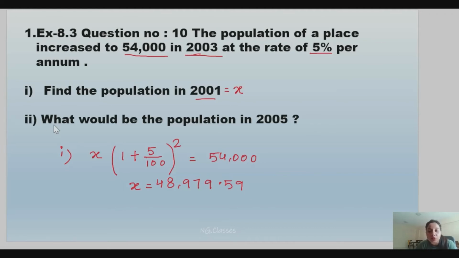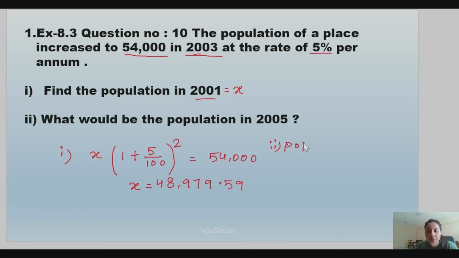Okay. Now this was the population in 2001. Now the second question is asking what would be the population in 2005. So in 2005, what will be the population when in 2003 the population is 54,000? We will calculate it by applying the compound interest formula.